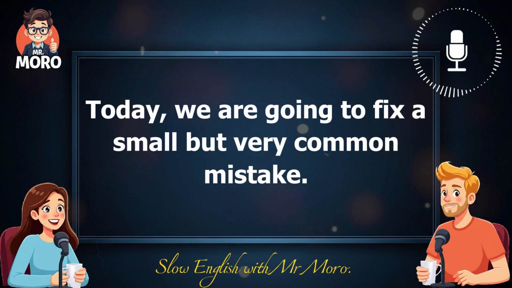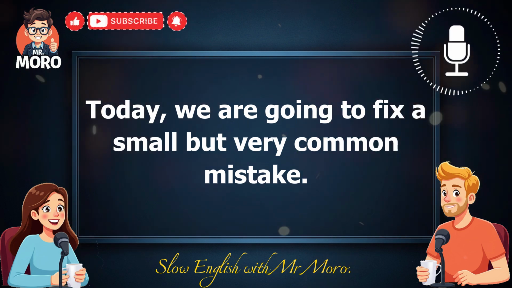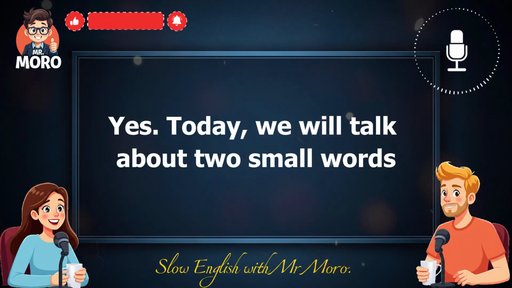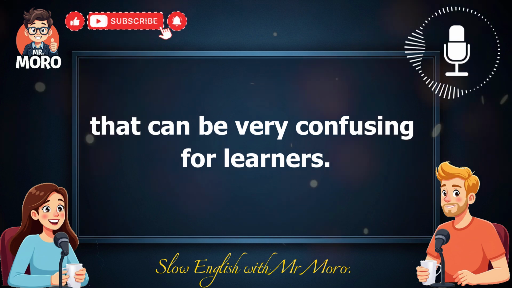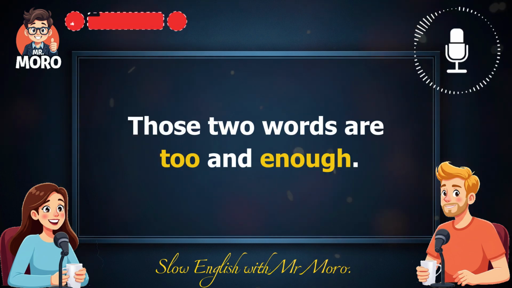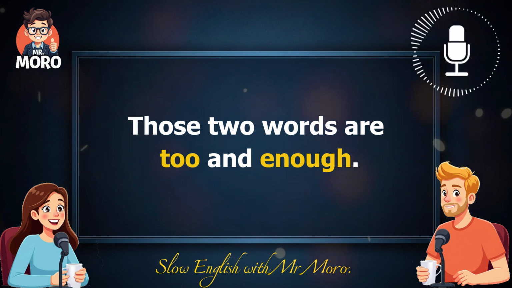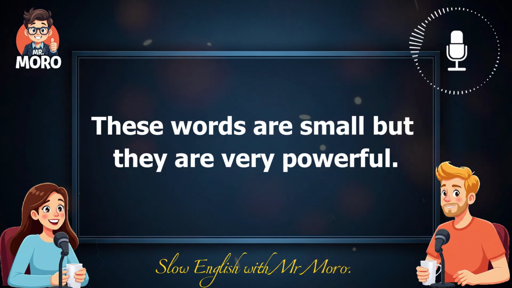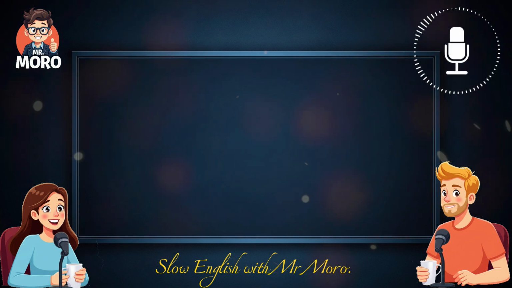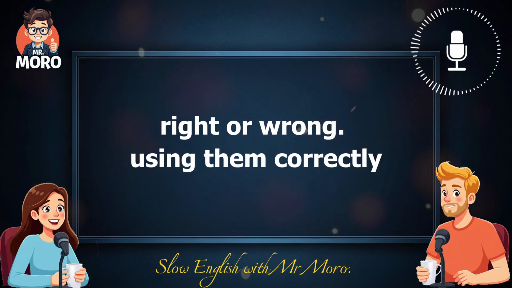Today, we are going to fix a small but very common mistake. Yes, today we will talk about two small words that can be very confusing for learners. Those two words are too and enough. These words are small, but they are very powerful. They help us say if something is good or bad, right or wrong.